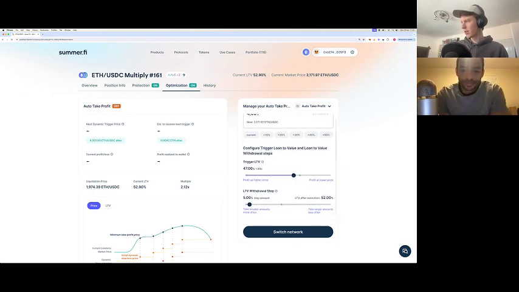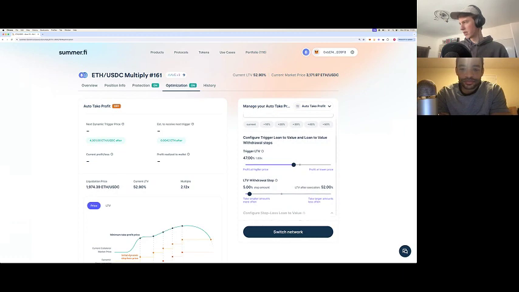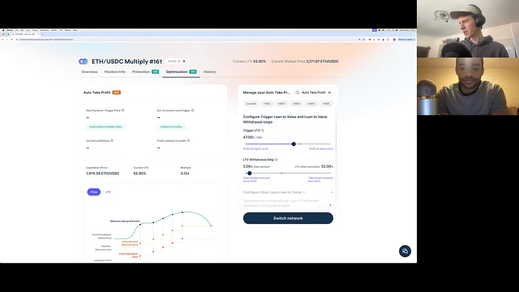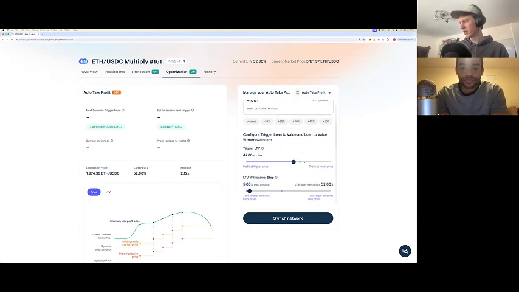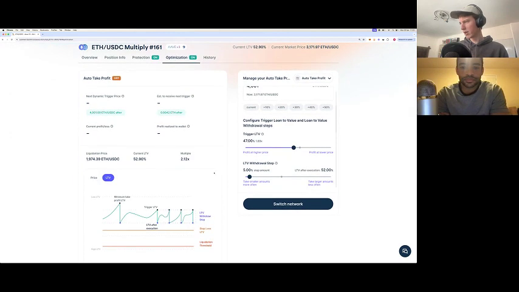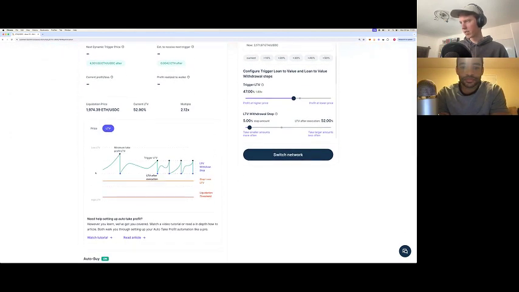And then configure your triggered loan to value and loan to value withdrawal steps. This might be a little bit confusing at first when you see this, so let's dive into what this actually means. If you look at this graph on the left, the green line reflects your current LTV.